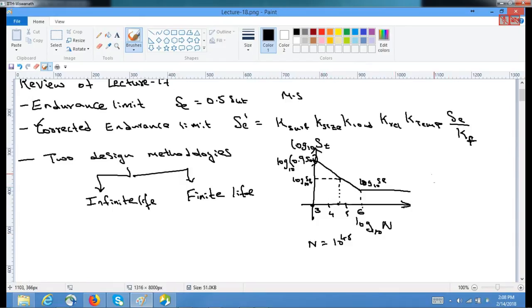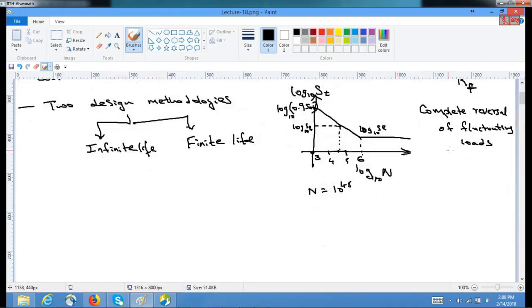So this is for a case when there is complete reversal of fluctuating loads. That means we have designed for such a kind of system in which our sigma max and sigma min are the same but of opposite sign.